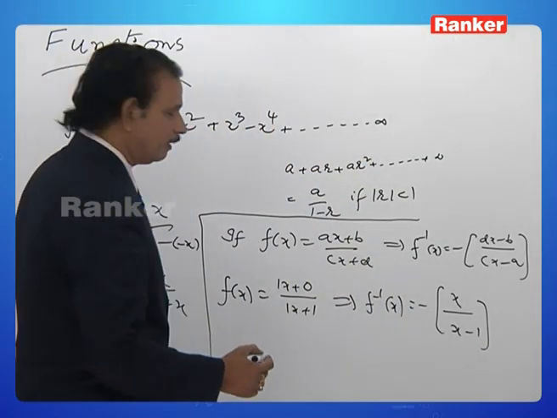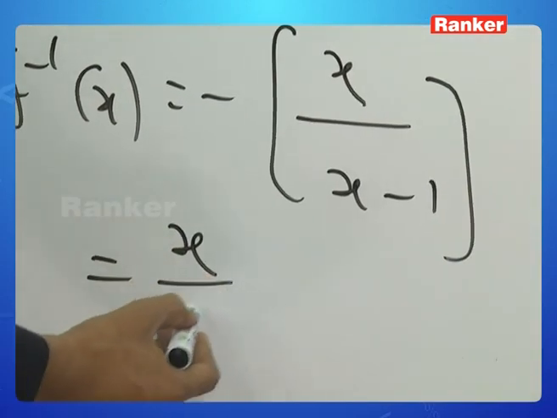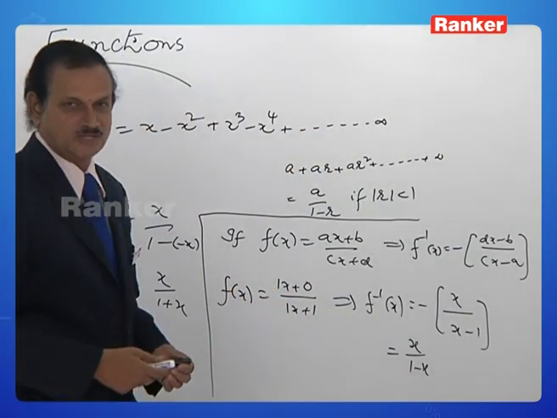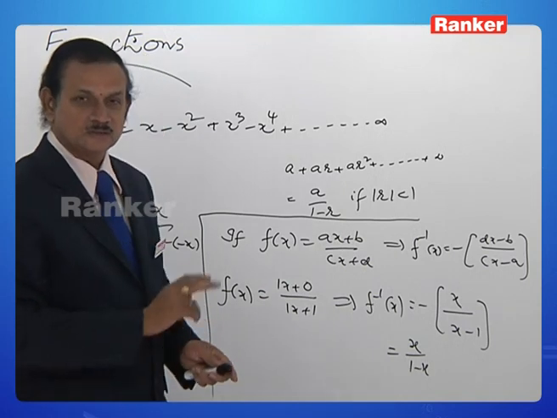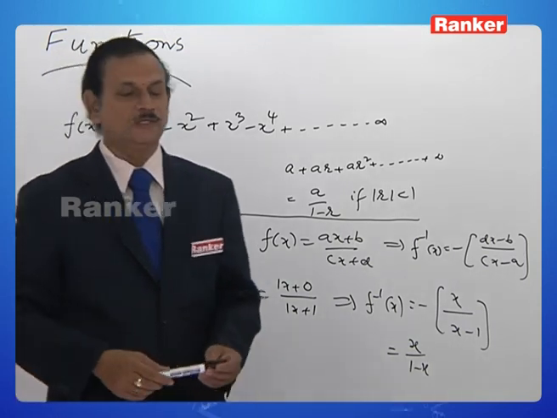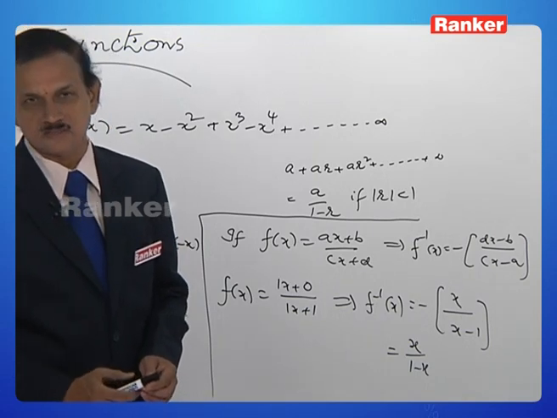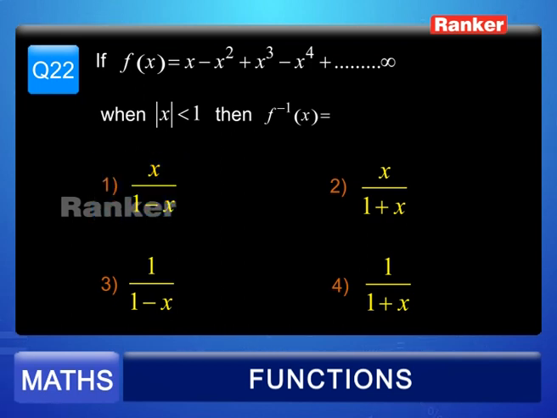Minus of x by x minus 1 can be written again as x by 1 minus x, which is similar to the previous answer. Like this, by using these two types of procedure, we can trace what f inverse of x is. Therefore, here the first option is of course the right option, that is f inverse of x is equal to x by 1 minus x.